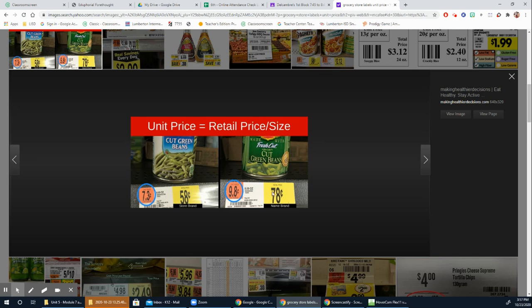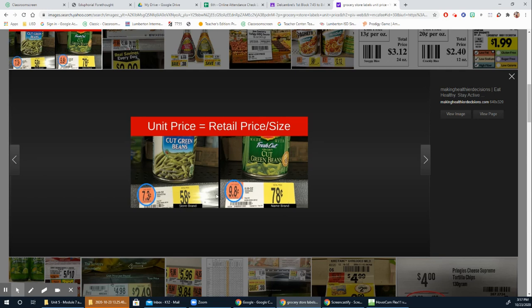So here are 2 cans. All right. So you have a can of, this looks like Walmart green beans, and then this looks like a Del Monte. So this is the name brand versus the store brand. The name brand is 78 cents. The store brand is 58 cents. Okay?